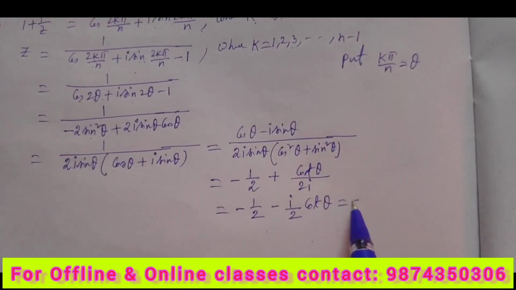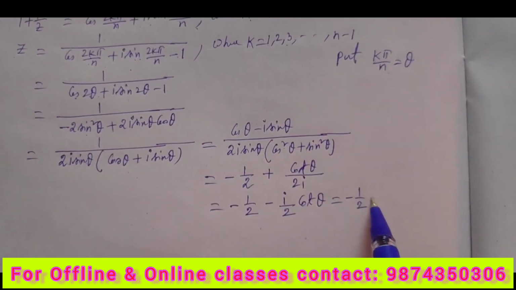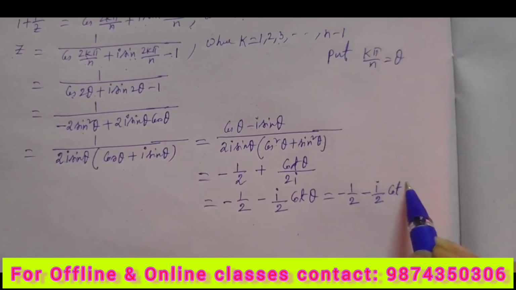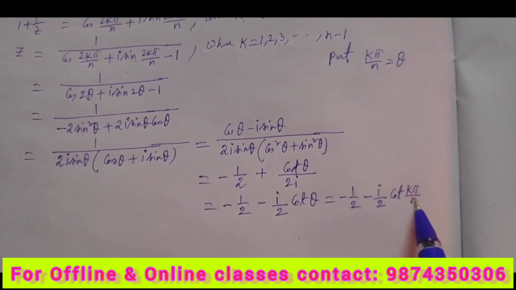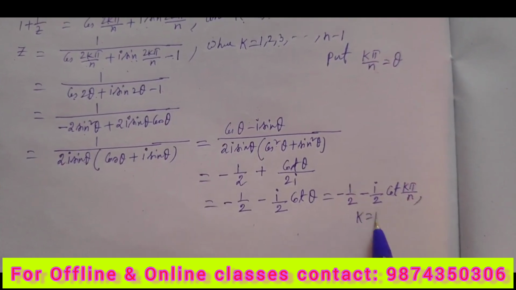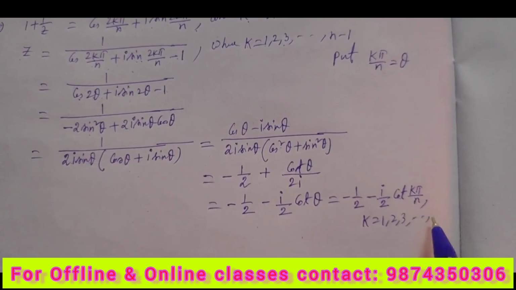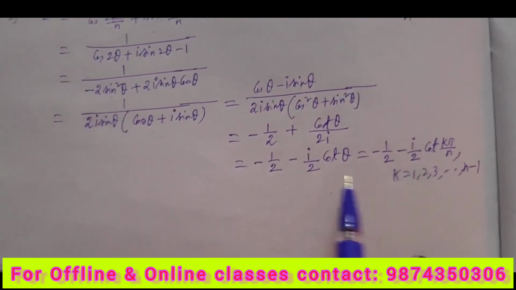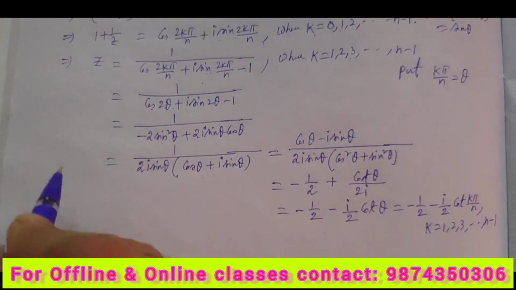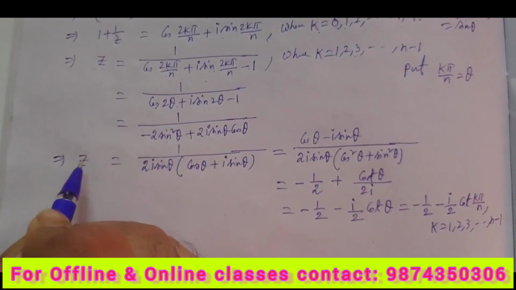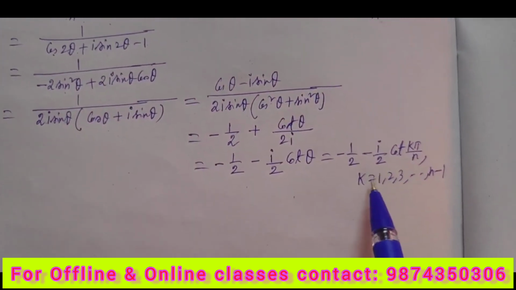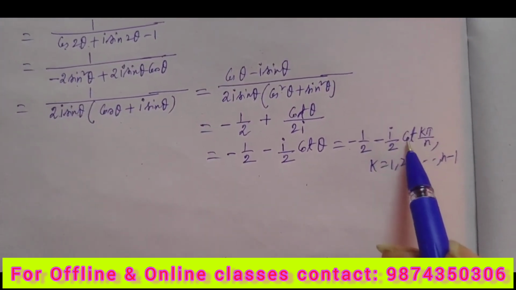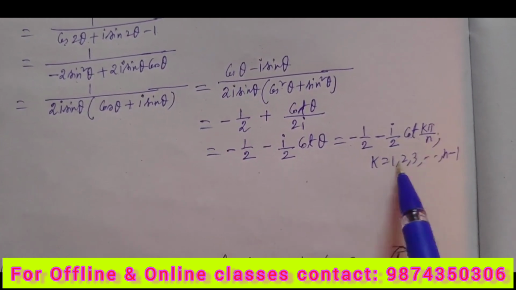So this is equal to minus half minus i by 2 cot kπ by n. Here k equals 1, 2, 3 up to n minus 1. So we see that the values of z are minus half minus i by 2 cot kπ by n, where k equals 1 up to n minus 1.